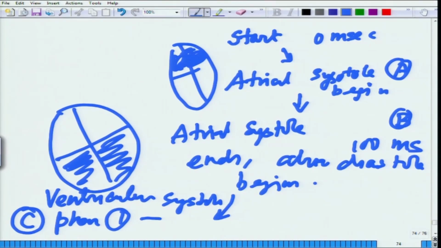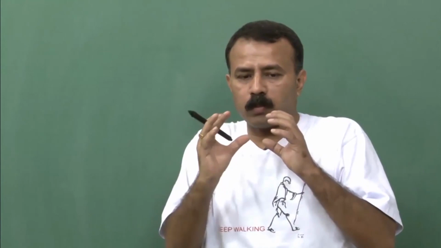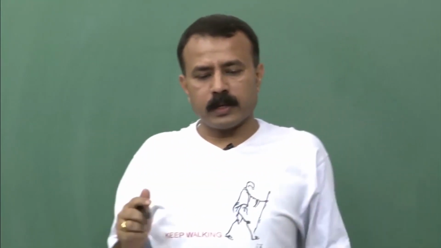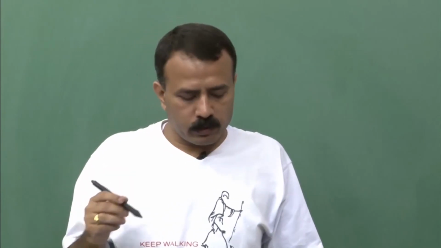This is the time when the semilunar valves along the ventricles, the pulmonary semilunar valve and the aortic semilunar valve, are closed. So, I am putting SL are closed. In other words, there is a huge amount of blood inside the ventricle at that stage, so it is all contracted. That is the first phase of ventricular systole.